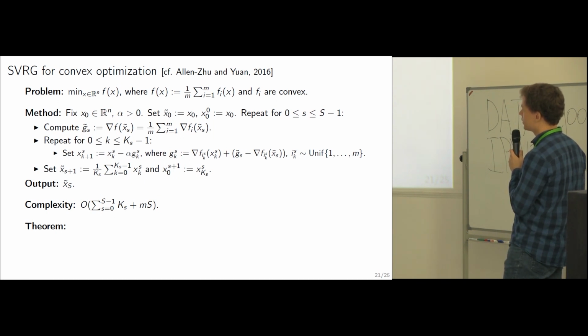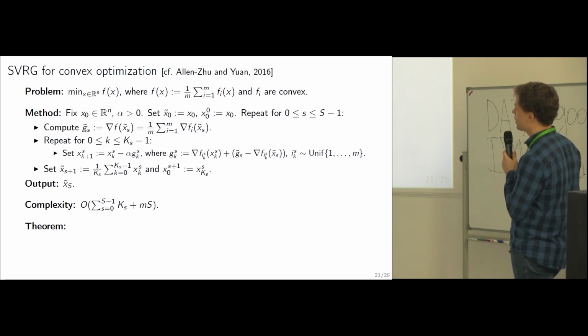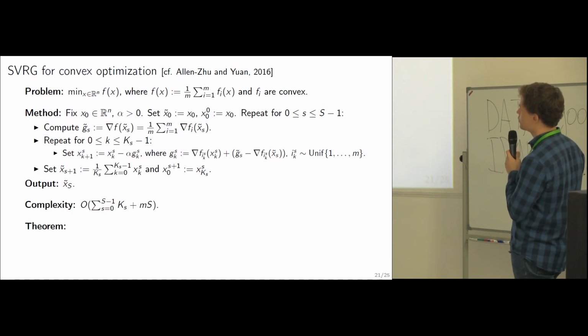Let us look at this. It is this sum. We take the sum over epochs, over S, and then at every iteration of the inner loop, we compute just once this function f_i. So we have this sum here. But also we have to take into account this operation.